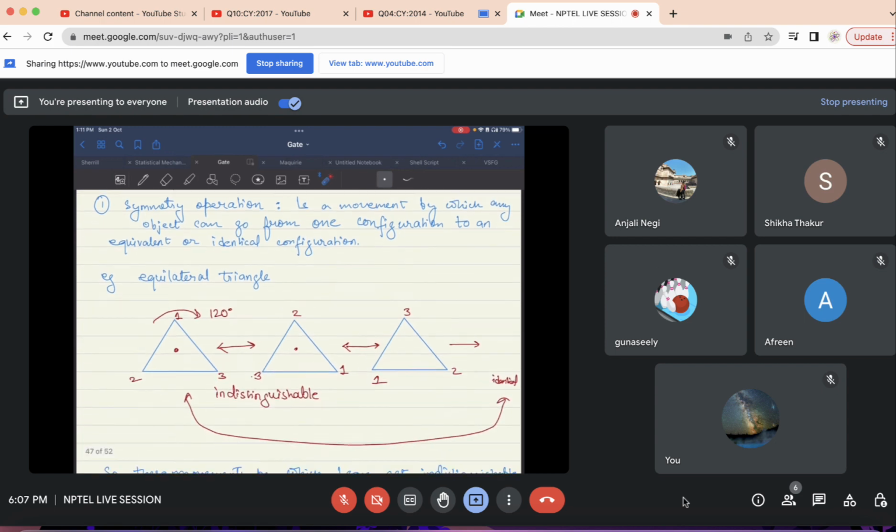For example, if I take an equilateral triangle, and in this triangle, let's say we denote the corners as 1, 2 and 3.